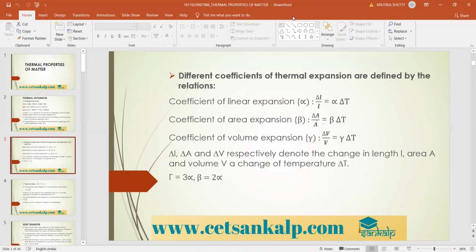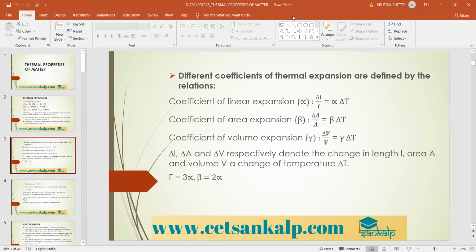Linear, in the sense the length is increasing, is called linear expansion. Area expansion, the increase in the area takes place. Volume expansion, where the increase in the volume takes place. So here the coefficient of linear expansion is denoted by alpha, the coefficient of area expansion is denoted by beta, and the coefficient of volume expansion is denoted by gamma.